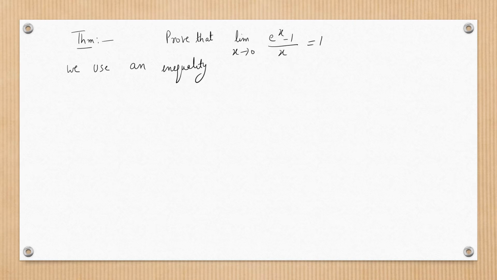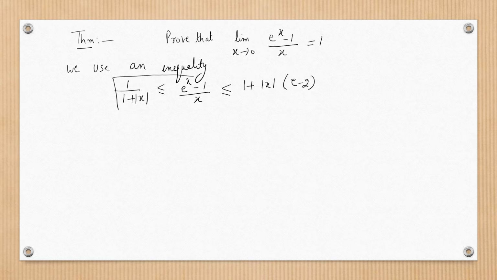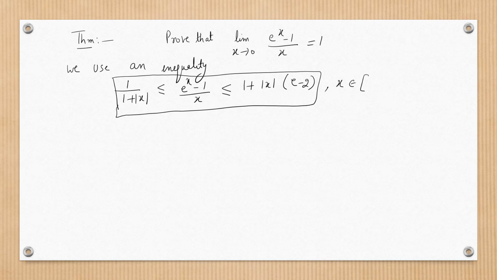It is 1 upon (1 plus mod x) less than or equal to (e raised to power x minus 1) upon x, less than or equal to (1 plus mod of x) times (e minus 2). Okay, so this is the inequality which we will be using to prove this limit. And the important condition here is that x belongs to the closed interval minus 1 to 1, except 0.